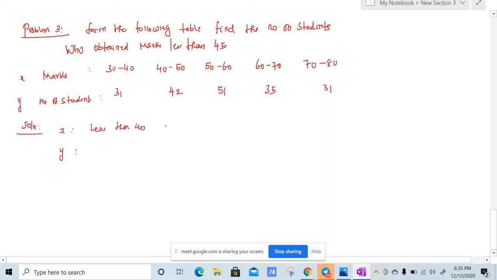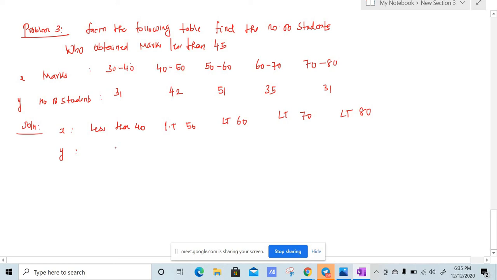Less than 40, I use LT, so less than 40, less than 50, less than 60. You just take the endpoint: less than 40, less than 50, less than 60, less than 70, less than 80.